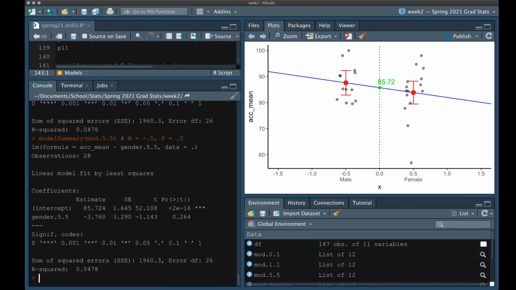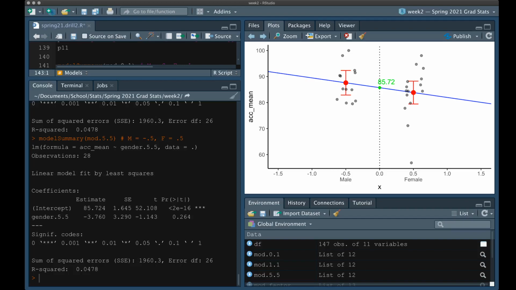And your slope is still interpreted as a 1 unit increase is predicted to increase or decrease y by such and such amount. In this case, we're saying a 1 unit increase decreases the predicted value by 3.76 points, because it is still a 1 unit increase from negative half to positive half. It drops down that exact same 3.76 points.